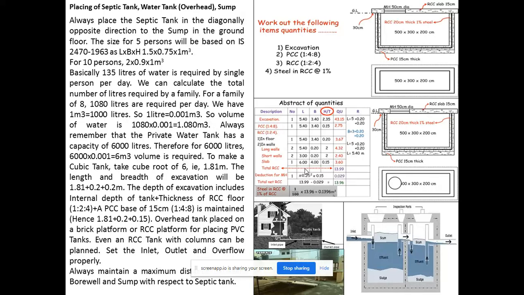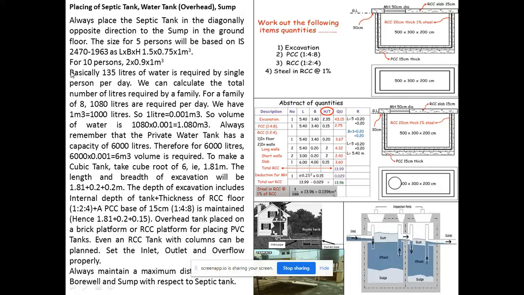Okay, basically 135 liters of water is required by a single person per day. Okay, this is the water consumption by a single person. We can calculate the total number of liters required by a family. For a family of 8, 1080 liters are required. Remember, these sizes are referred to septic tank.